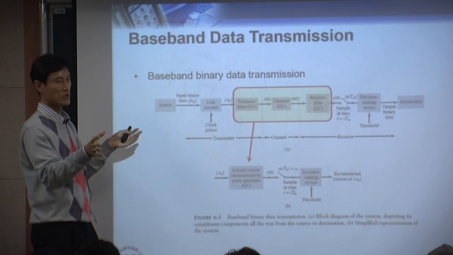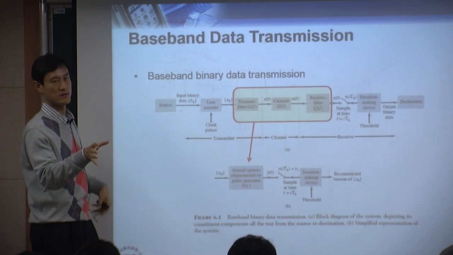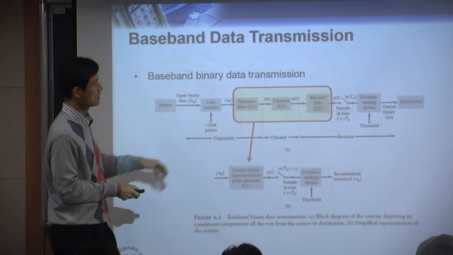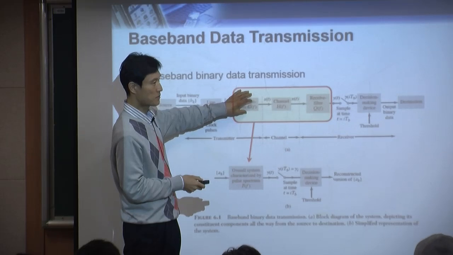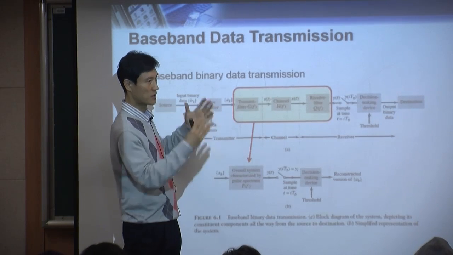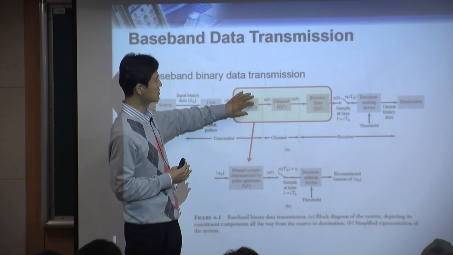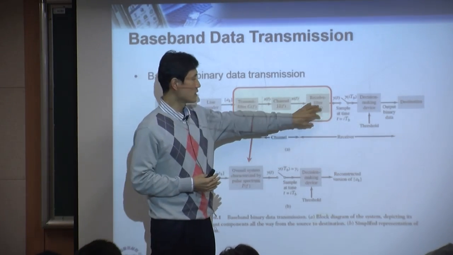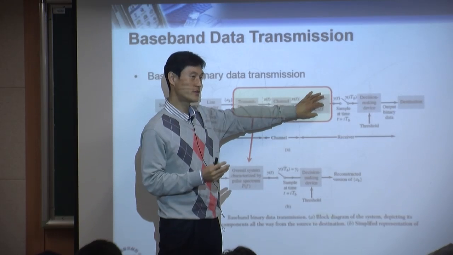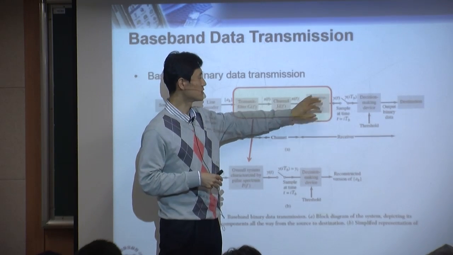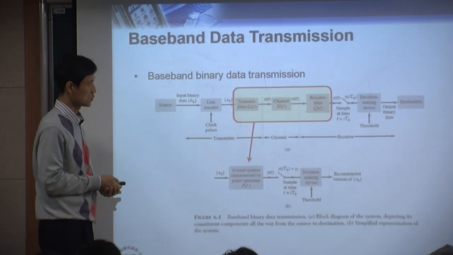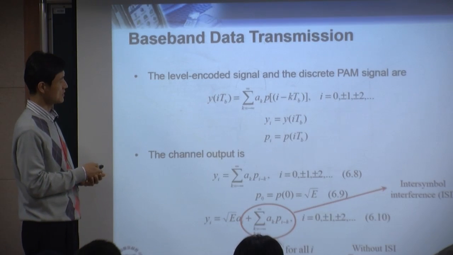Eventually the goal is we want to reduce the out of band spectrum. Okay, so that's why we use this one, the pulse shaping filter. We shape the pulse in order to make a good spectrum in the frequency domain. So that's the reason we use this one. Receive filter, we're going to learn today. Okay, we're going to learn today. So that's basically the whole idea.